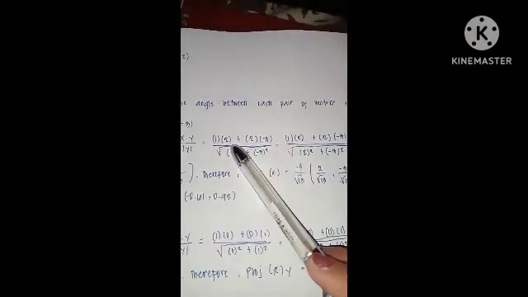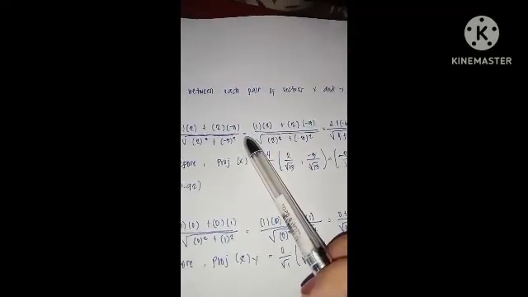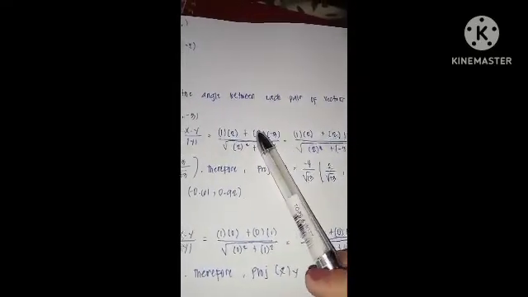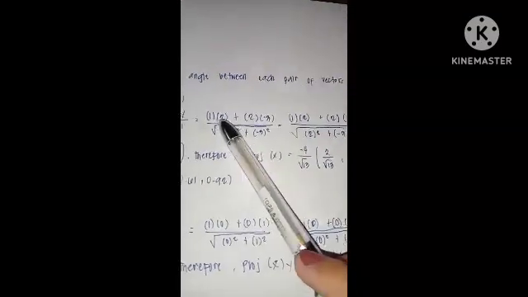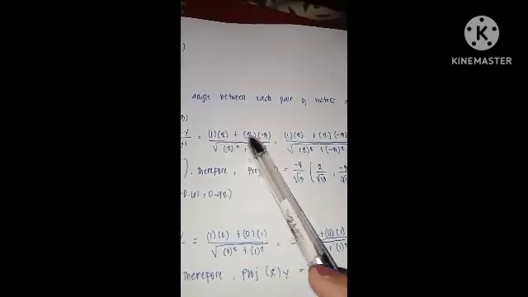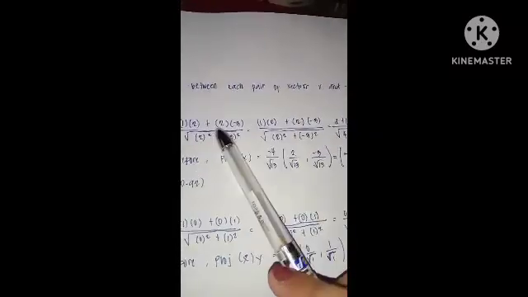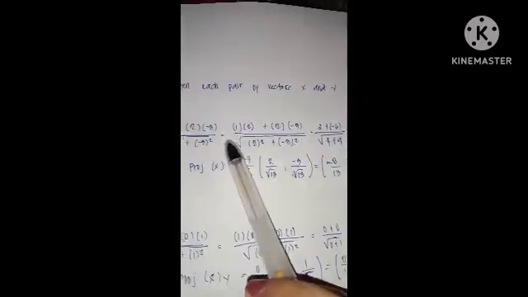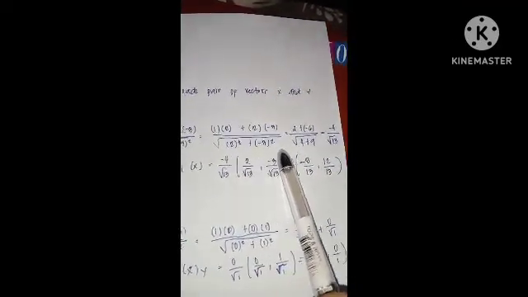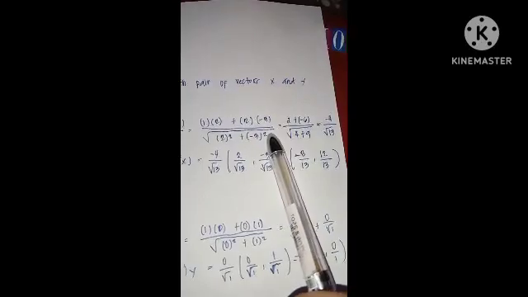What we will do here is combine their x and y components. So 1 times 2 plus 2 times negative 3, over the square root of 2 to the power of 2 plus negative 3 to the power of 2.